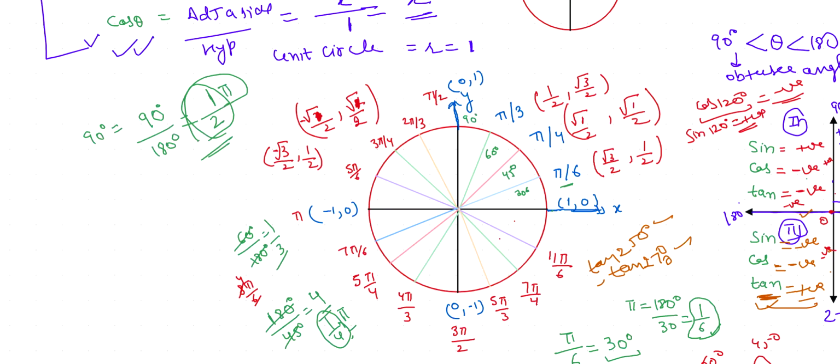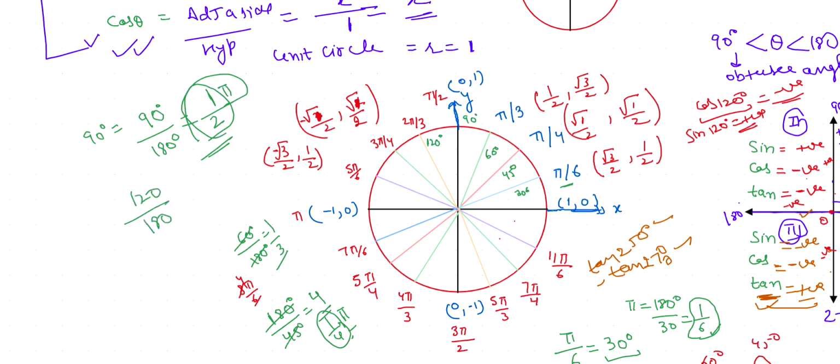Then this is your angle 120 degree. For this, if you want to know how many radians are here, then just divide that angle by 180 degree, divide 120 by 180.